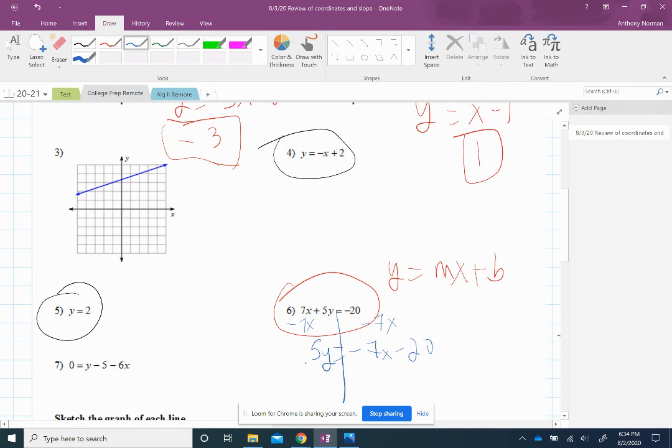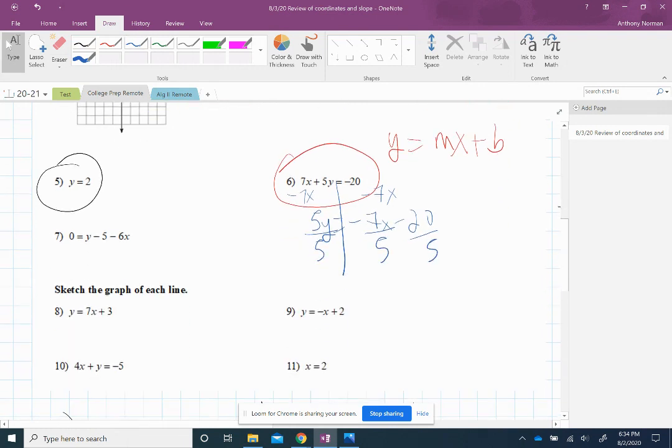To finish getting y by itself, we divide by 5, which gives us y equals -7 over 5x minus 20 divided by 5, which is 4. So this will be our slope. So slope equals -7 over 5.